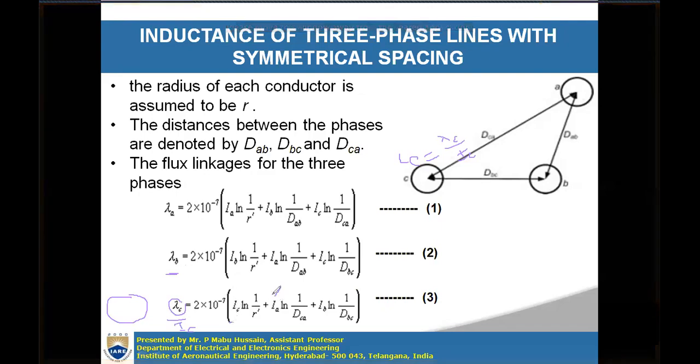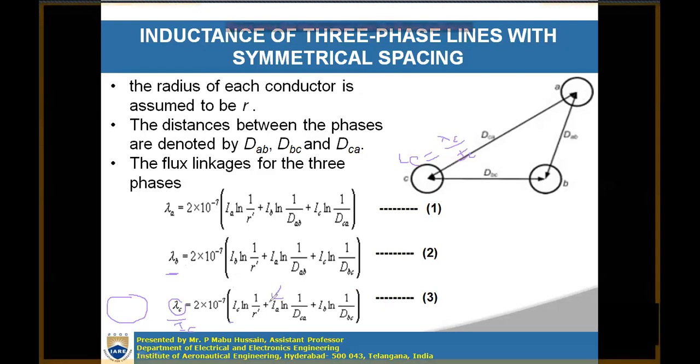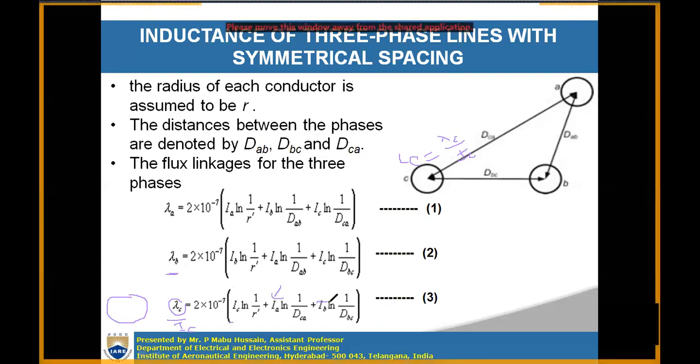In place of IA, you should have the term IC. That means IA should be represented in terms of IC. IB also should be represented in terms of IC. Then you can take IC as common in all these three terms. Then you can bring that IC to this side, so that this will become the ratio of lambda C by IC, which is equal to LC.